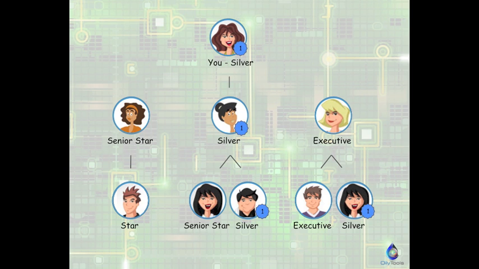So in total, you'll earn on 3 generations. If you look at the graph, yourself, you'll receive 1 share. You'll receive 1 share for the silver in that level 1, and you'll receive 1 share for each of those silvers in your level 2. Now, levels again don't have anything to do with generations, but I'm using that term so you can just kind of follow along with the graphic.